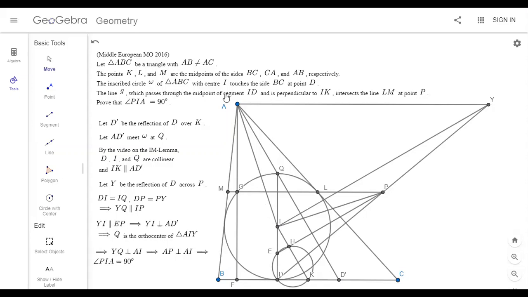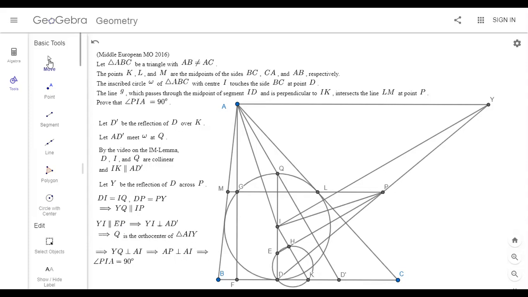So Q is the orthocenter of AIY since IQ is perpendicular to AY, and AD prime, we said, was perpendicular to YI. So did we even need that YQ is parallel to IP? I think we didn't need it because of this step right here.